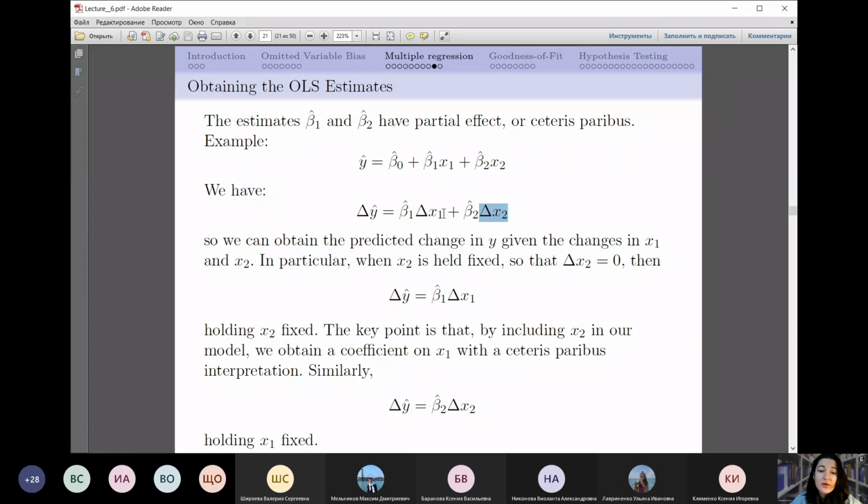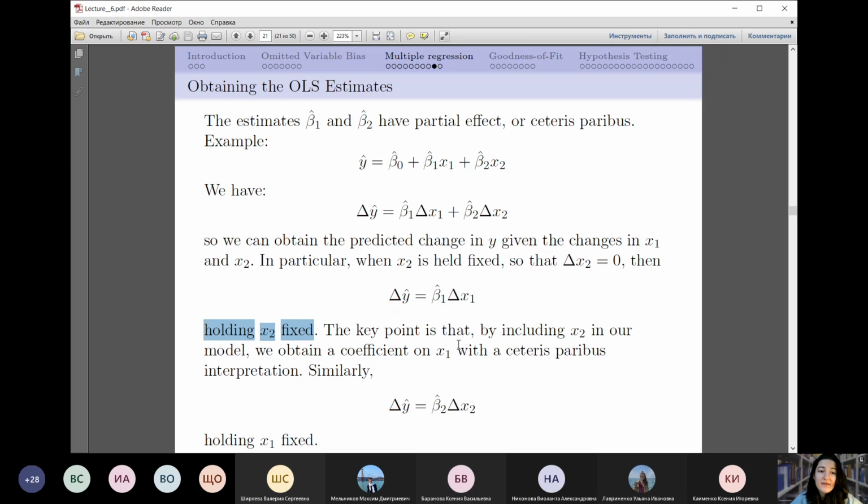But when we interpret x1, we assume that x2 is held fixed. Or in particular, when x2 is held fixed, the change in x2 equals 0, yeah? Then our interpretation will be the same as in the simple regression model, but we should add that we are holding x2 fixed.